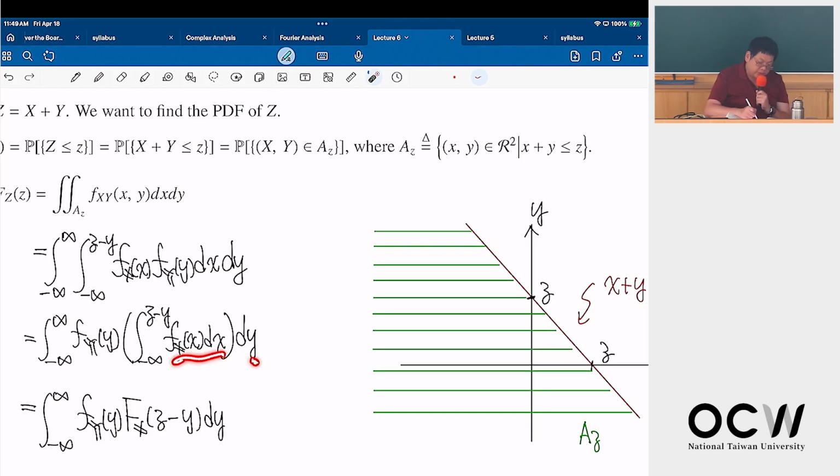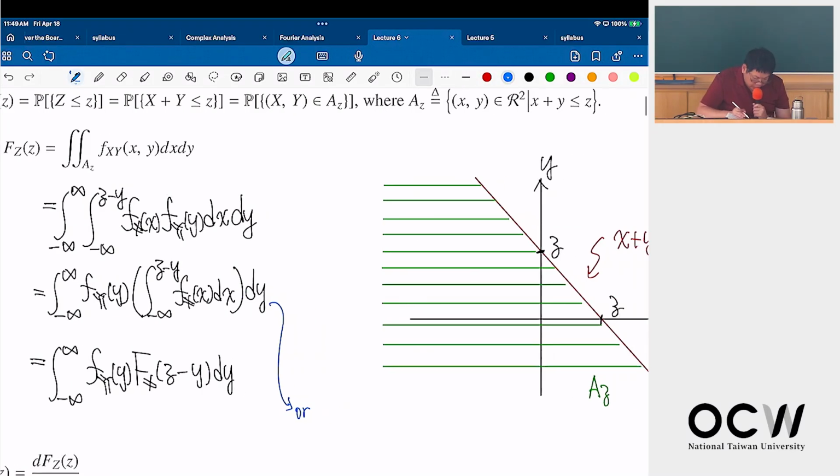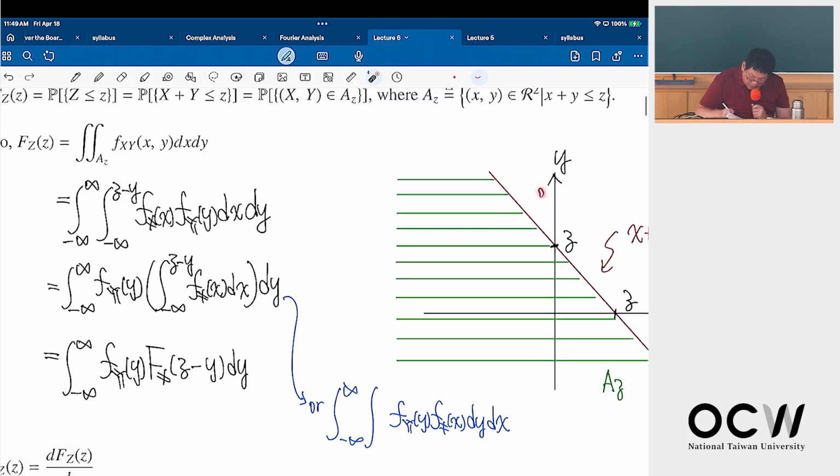You can do it the other way around, the y first, then x, dy dx. If we do y first, y will be from minus infinity to z minus x.